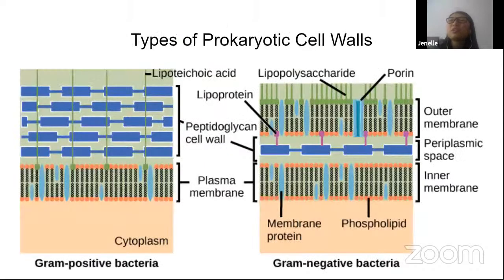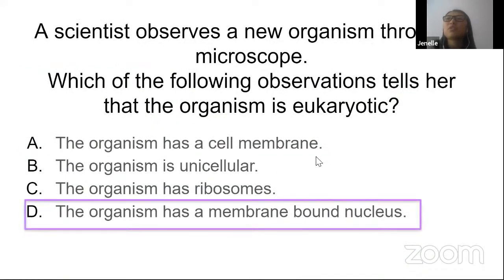If you look at the types of prokaryotic cell walls here, this example shows that prokaryotic cells can have a plasma membrane outside of their cell, and then also another cell wall on top of that. So for this question, and for all reasons a cell would be eukaryotic, the key is that it has a membrane-bound nucleus. That is really a big defining feature of what makes a cell eukaryotic.